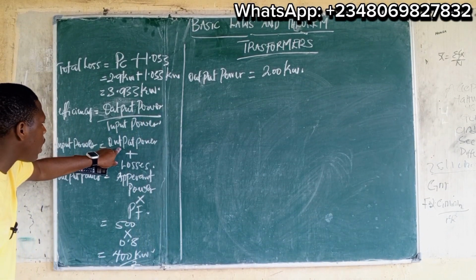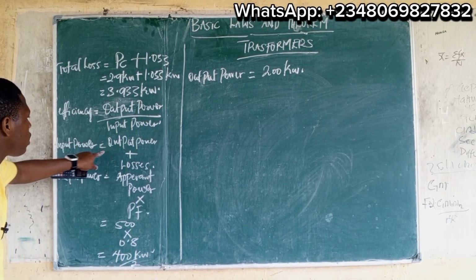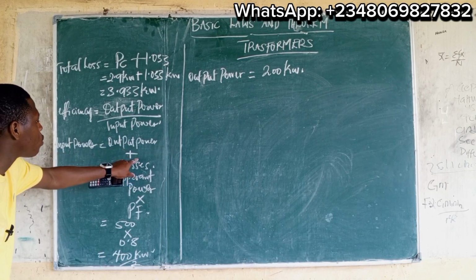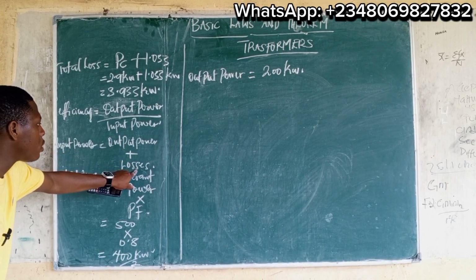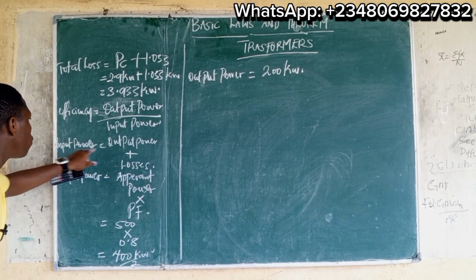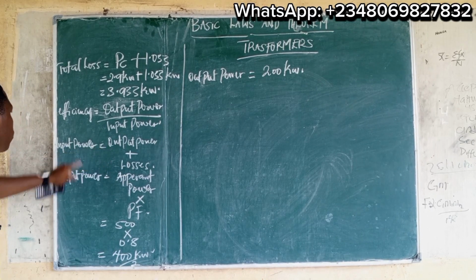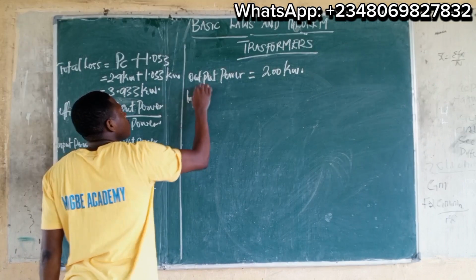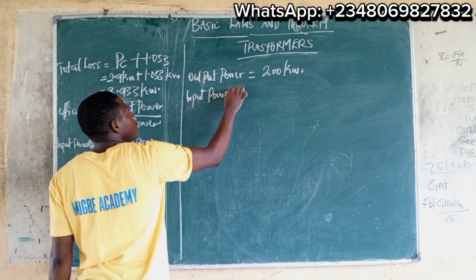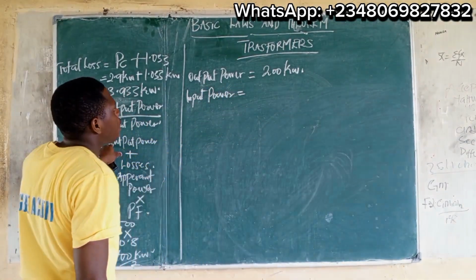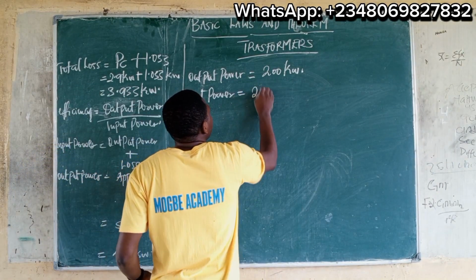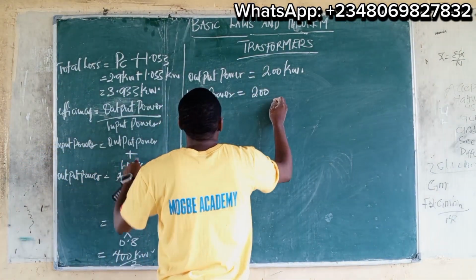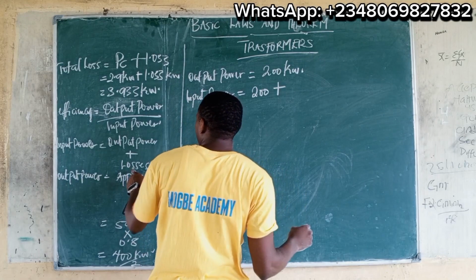Now after that, we can use this to get our input power. We know that input power is equal to output power plus losses. We know our losses and we know our output power, so what is stopping us from getting input power? Input power is equal to our output power, 200, plus the losses we calculated.